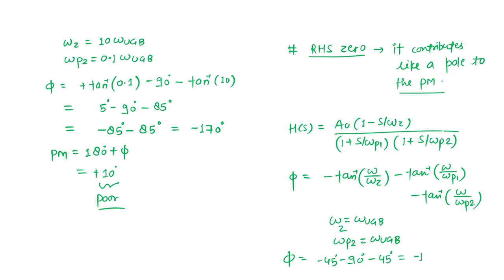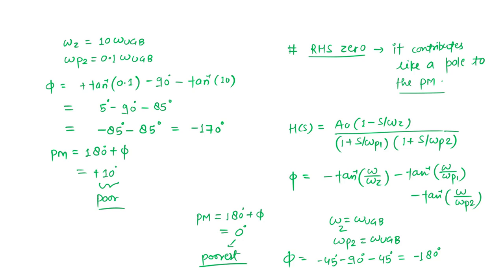It was already minus 90, so it is also contributing minus 45. Overall phase we are getting is minus 180 degree. So what is the phase margin coming? The phase margin is coming as 180 plus this phase, which is nothing but 0 degree, poorest, I would say poorest. So what effect are we actually seeing? We are seeing that the negative side pole is affecting your phase margin very negatively.